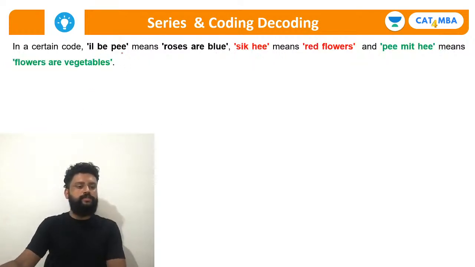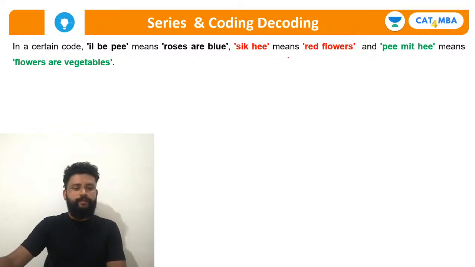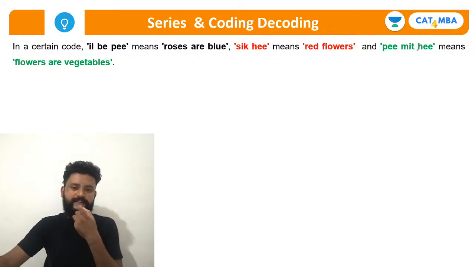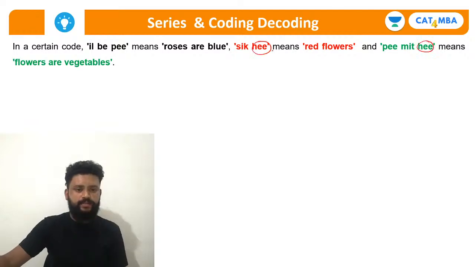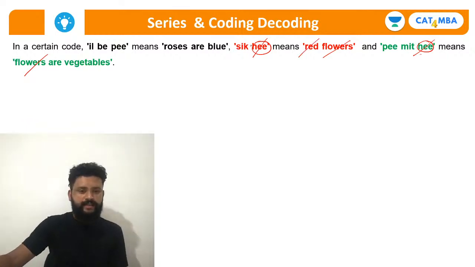So here is one more explanation. Remember this, you need to pick the common words. Pick the common word he first. So he is the code for flowers, because in these two, flowers is the common word. Now we can say red is coded as sick.